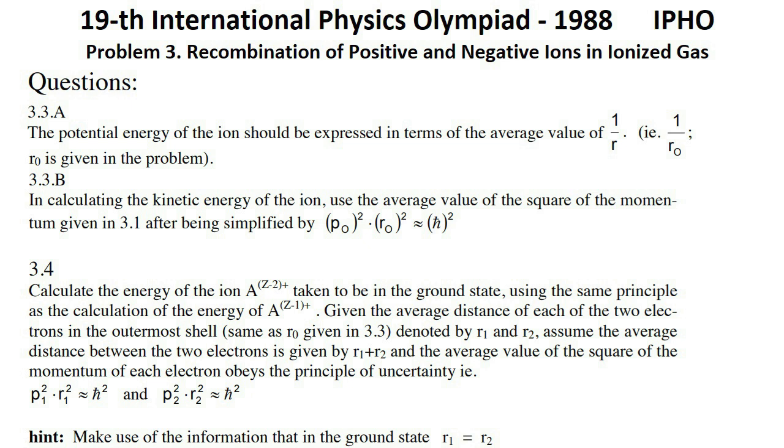That is, P1 squared R1 squared approximately equal to Planck constant squared and P2 squared R2 squared approximately equal to Planck constant squared. Hint: make use of the information that in the ground state R1 equals R2.